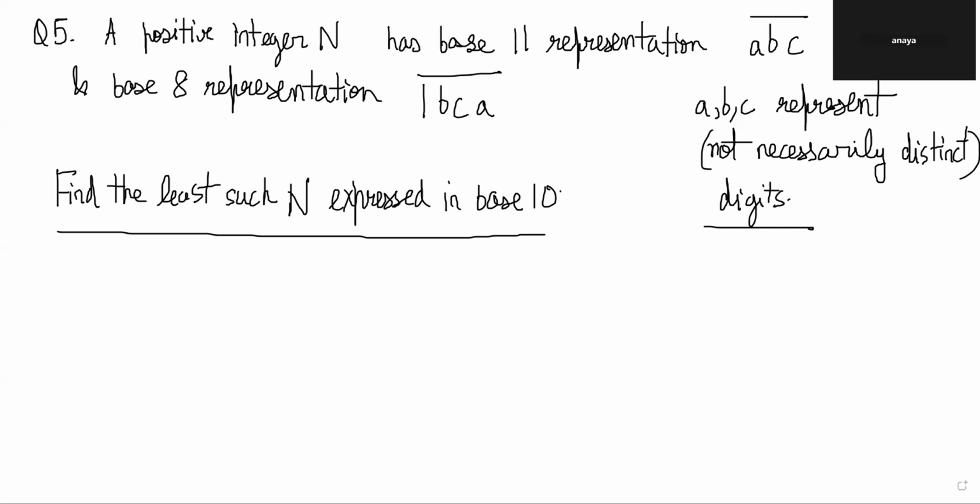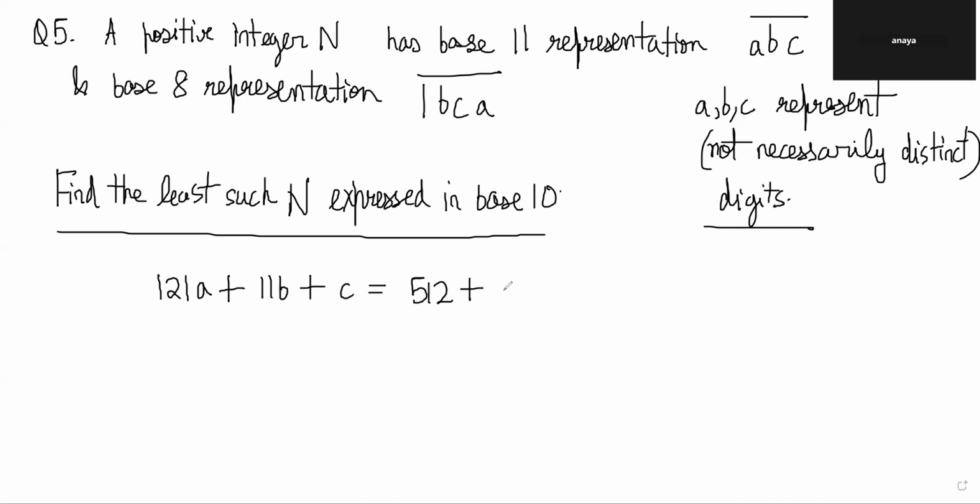What equation are you getting? I did that. The base 11 representation is 121A plus 11B plus C, and the base 8 representation is 512 plus 64B plus 8C plus A. I equated those and got 120A minus 53B minus 7C is 512.